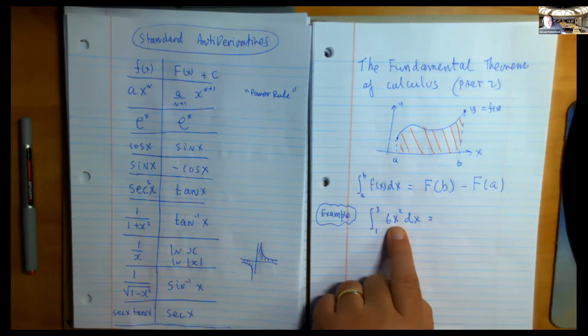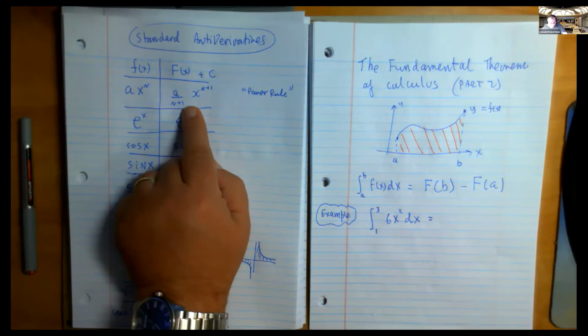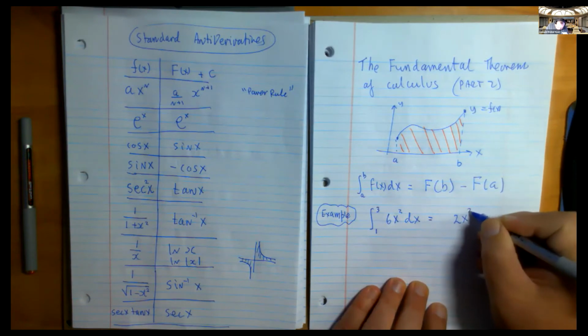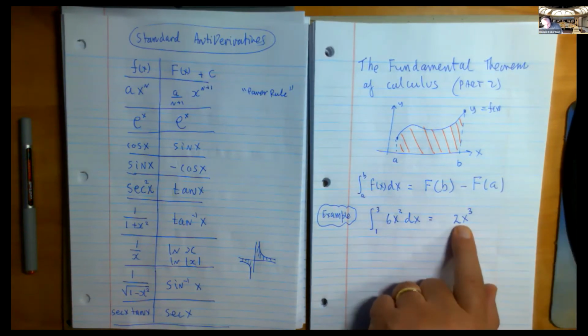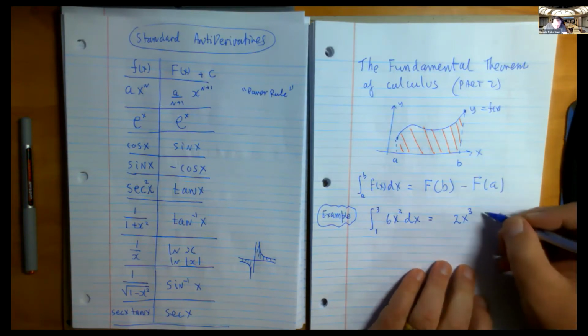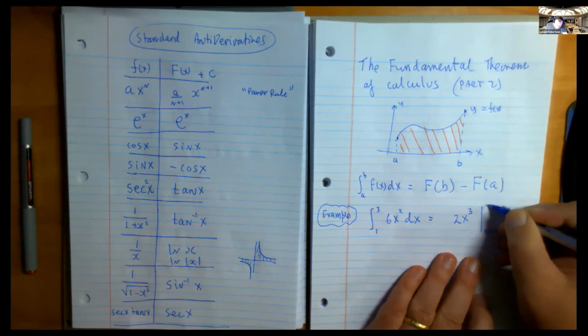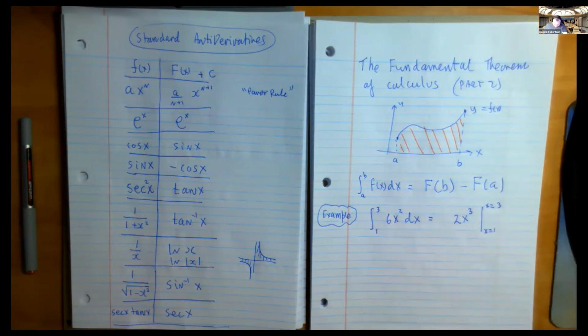First thing you have to write down is the antiderivative of 6x squared. Isn't that add 1 to the power, divide by the new power? Are you comfortable with the fact that the antiderivative is 2x cubed? Then the way you set down the working is you say from x equals 1 to x equals 3.